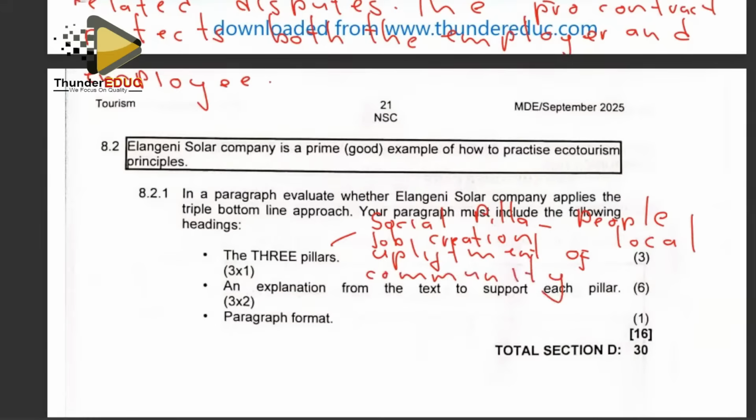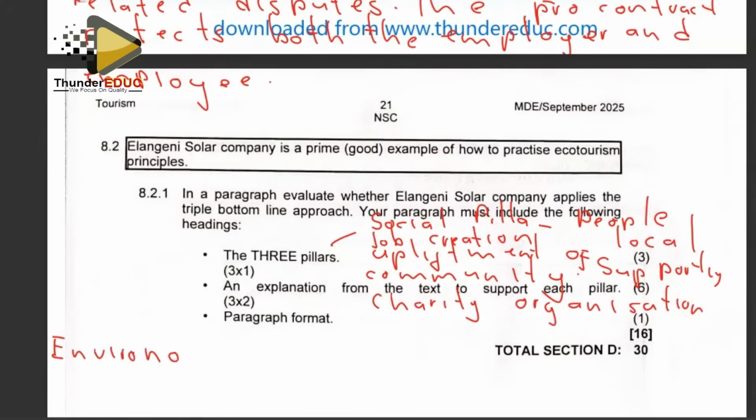That is how it is done. Then non-profit, supporting charity organizations. That's how it's done. Then we move on to the environmental pillar, which is also known as the planet.